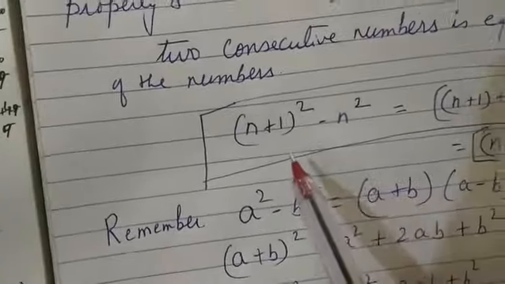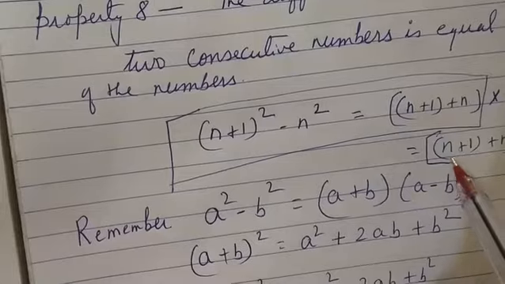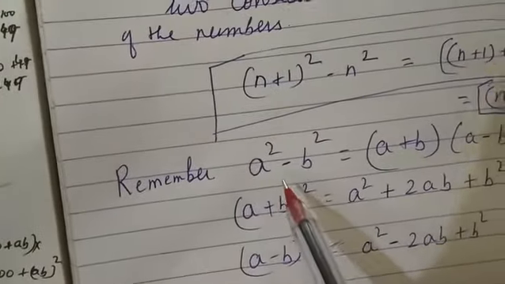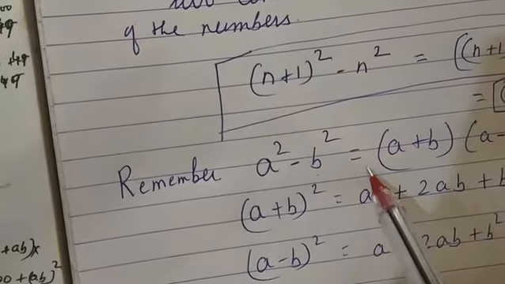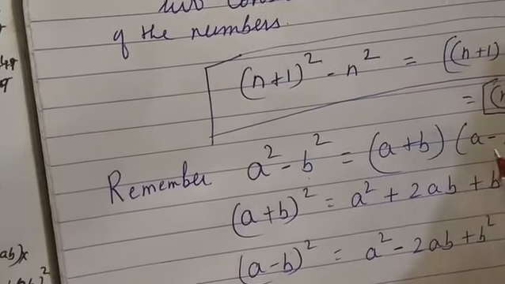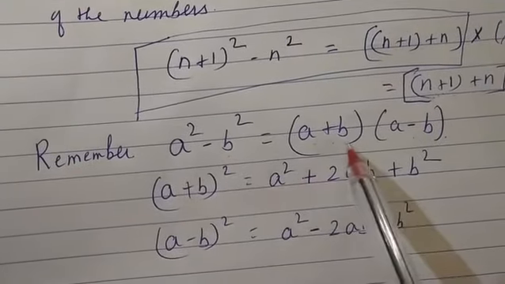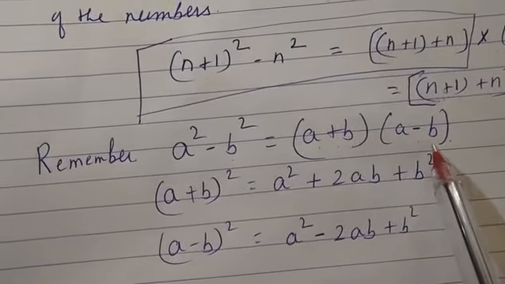So how do we get this formula? From the formula a square minus b square is equal to (a plus b)(a minus b).